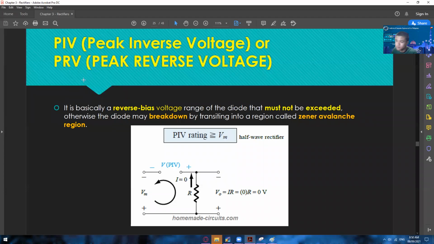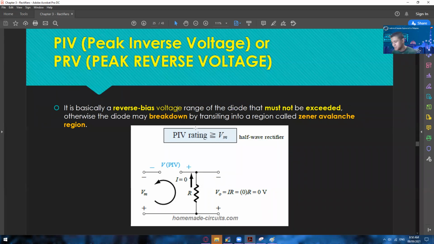If we have this peak value in forward bias, of course, we also have a peak value in reverse bias. We call that one peak inverse voltage or peak reverse voltage. But you can only get this reverse bias voltage if you have an exceeded value on your diode, or if you have the so-called Zener diode.